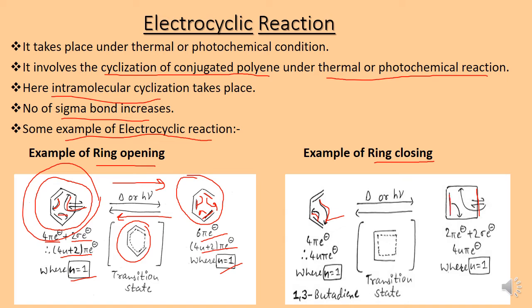So here it is a 4 pi electron system, a 4n pi electron system, where n is equal to 1. We take the 1,3-butadiene system as an example of ring closing. Here a cyclic transition state is there, with 2 pi electrons from the pi bond and 2 sigma electrons. So it is a 4n pi electron system where n is equal to 1.